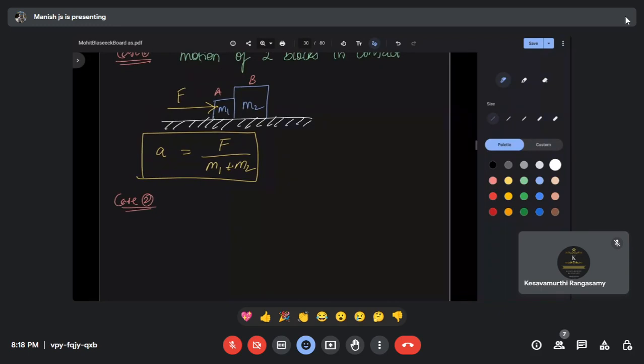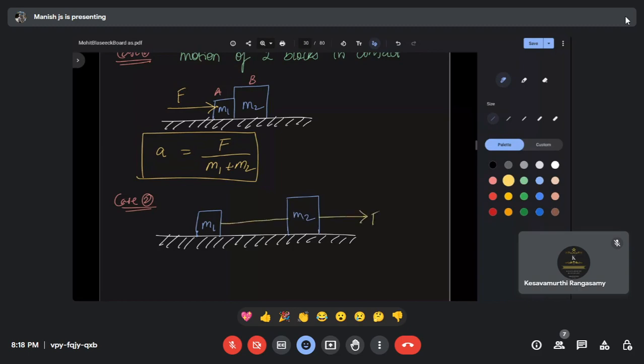Where I am going to now again have 2 blocks, but I am connecting them with a string or a rope. Again there are 2 blocks, no doubt. So block M1, and I am going to have another block, say M2. This time I am connecting them using a string like this, and then I am applying a force towards the right.